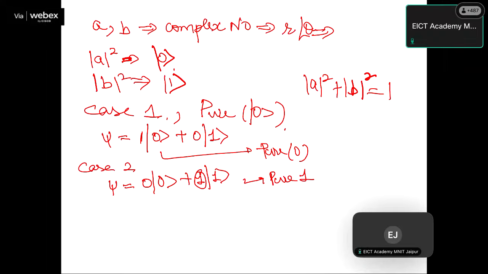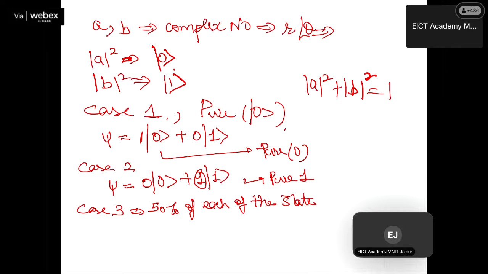Now assume that I have 50% of state A and 50% of state B. So case 3, that is 50% of each of the states.